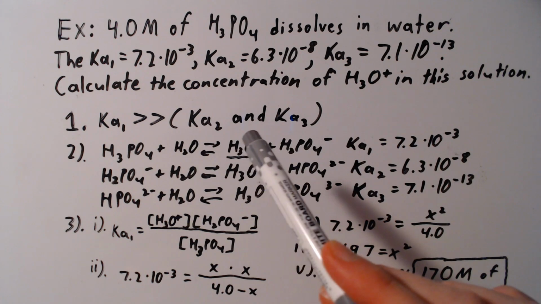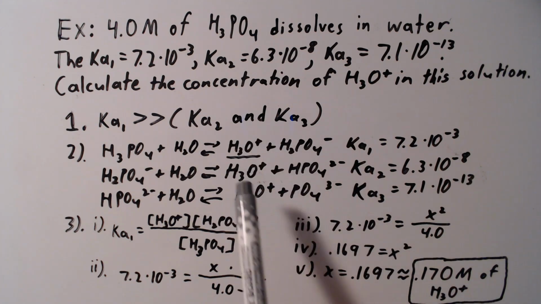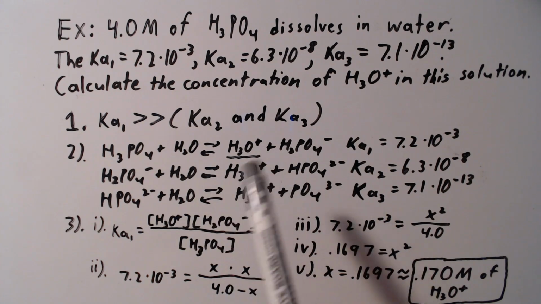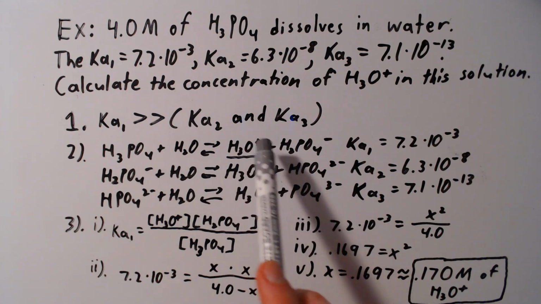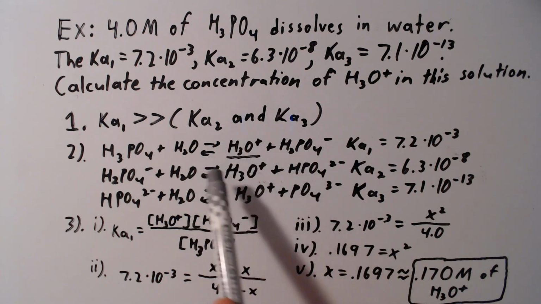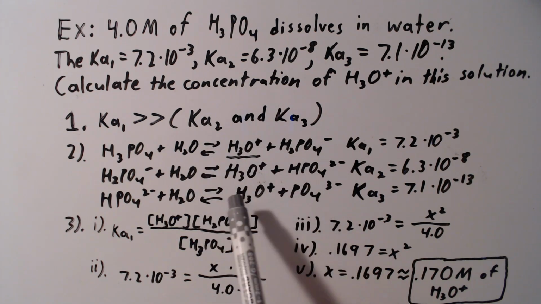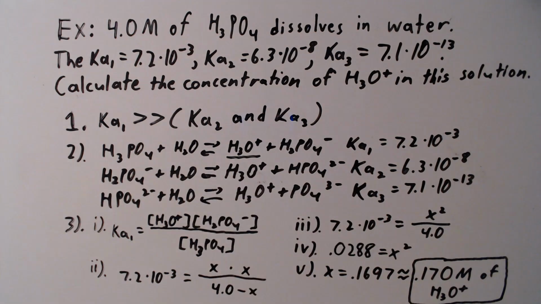that basically, even if we do find the H3O plus concentrations produced by these, they don't really matter. They're not really going to change the overall value of H3O plus produced, because this value of H3O plus produced is so much larger than these other H3O pluses. Their addition is not going to make much of a difference.